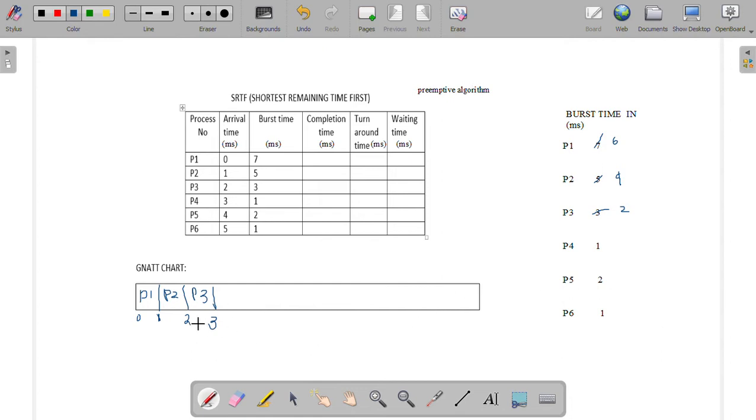Now we have to check which processes have arrived at 3 milliseconds.